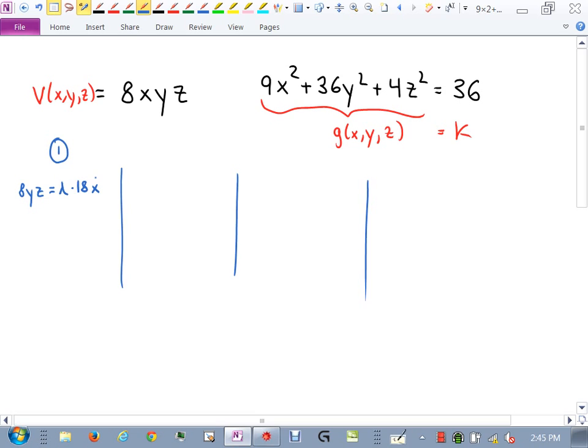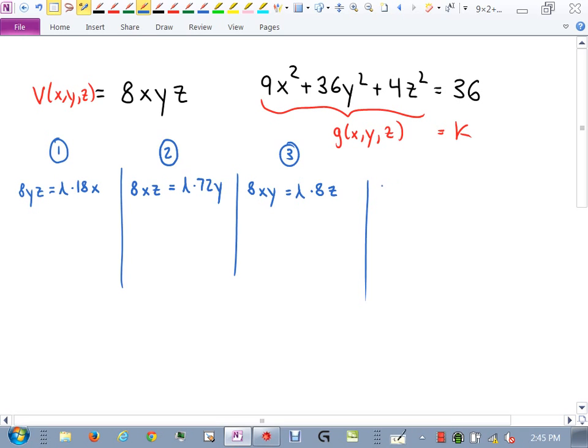No? Next one, equation 2. 8xz equals 72y with lambda in there. Next one, 8xy equals lambda times 8z.